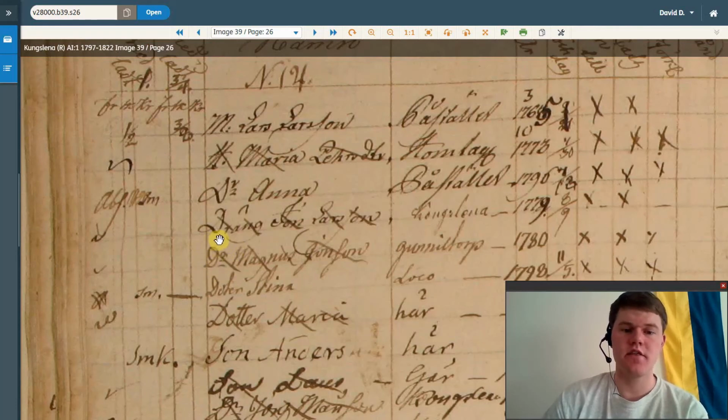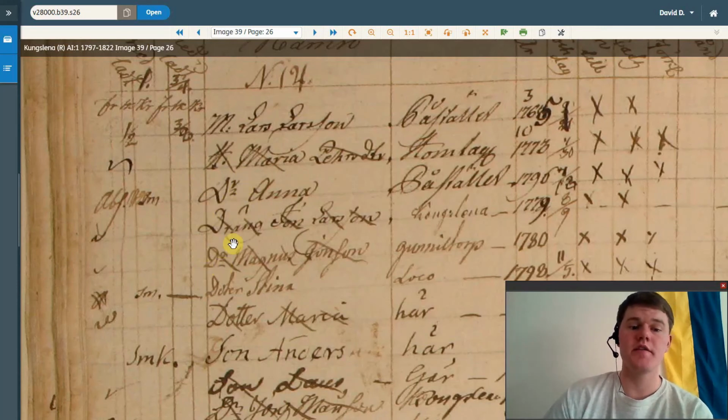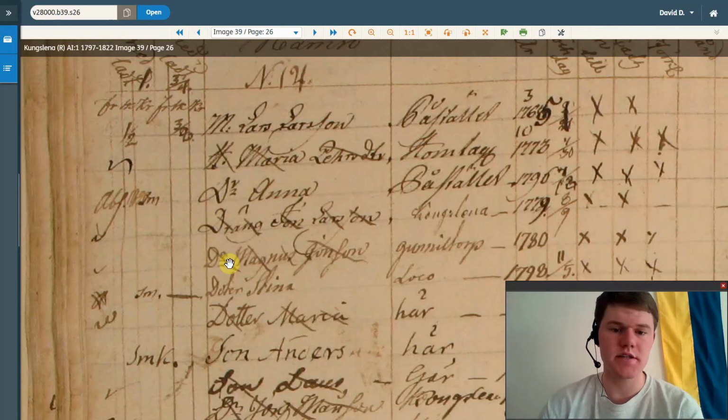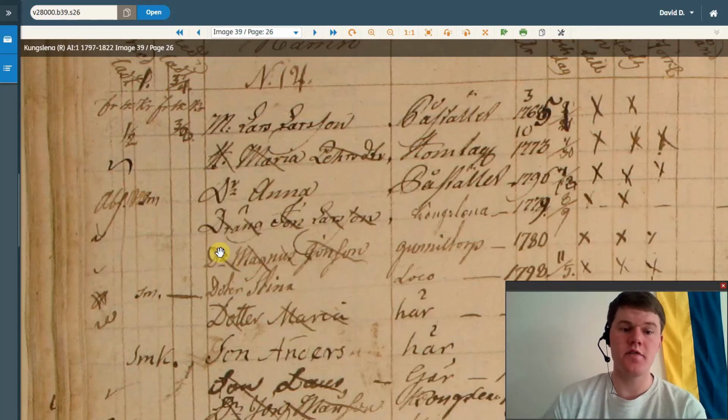Usually the minister is pretty consistent in what he uses. Usually he uses DR for just one or the other. But this was a good example where it had both on the same page, so I could show you pretty easily. So this DR means that he's a farmhand. This DR means it's daughter.